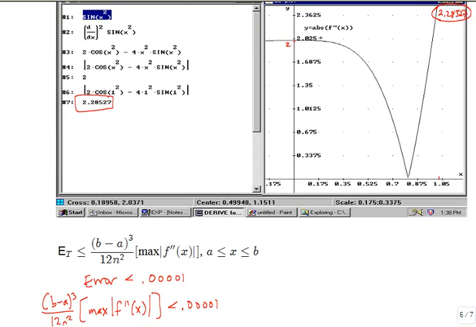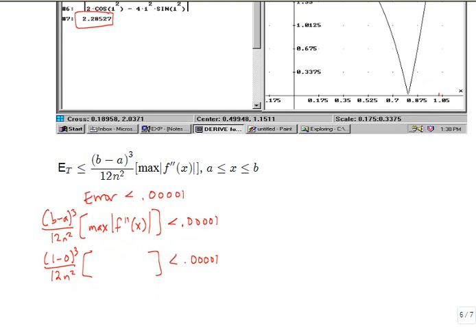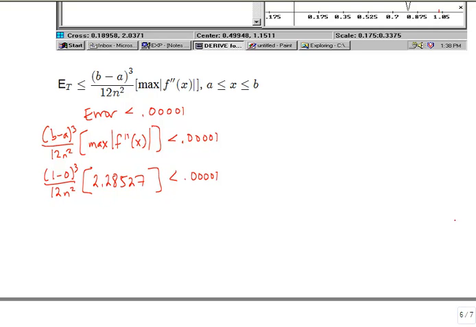So we can use that number, 2.28527, as this maximum. The largest value that the second derivative will take on is this decimal. So we plug it in, and this now just gives us an inequality that we can solve for n.